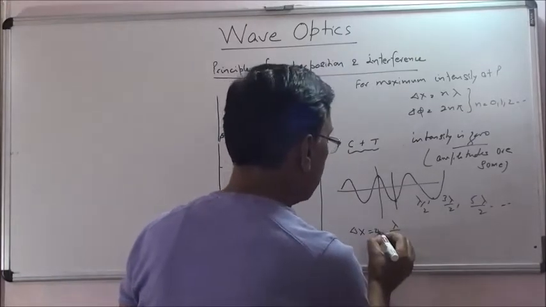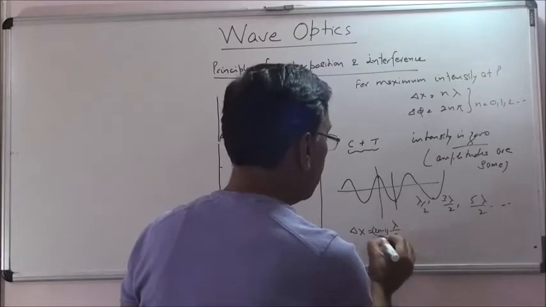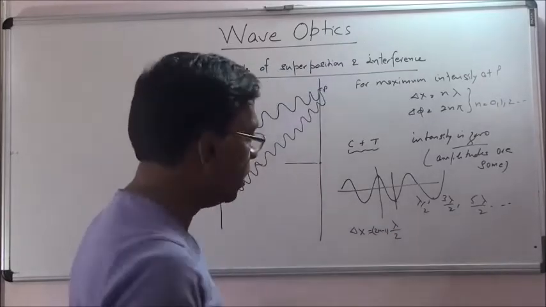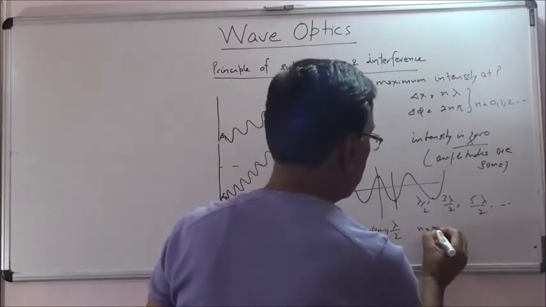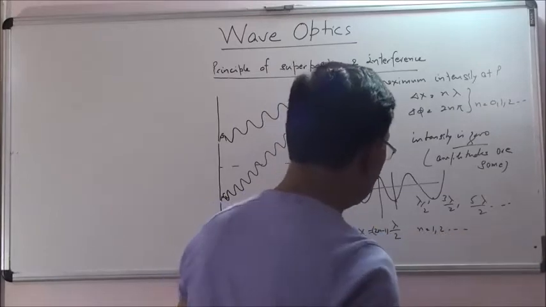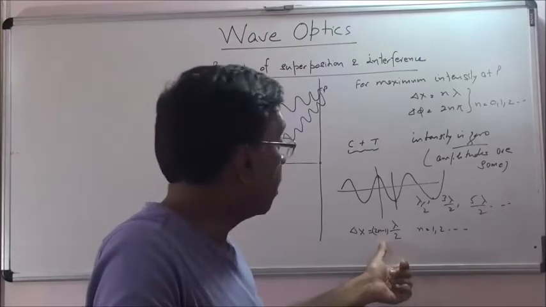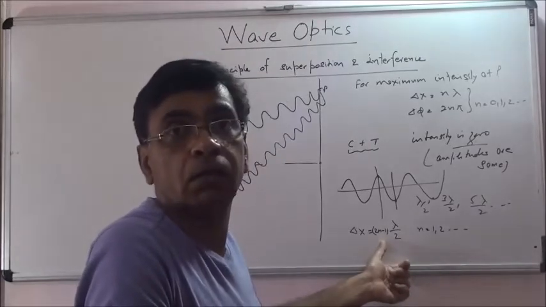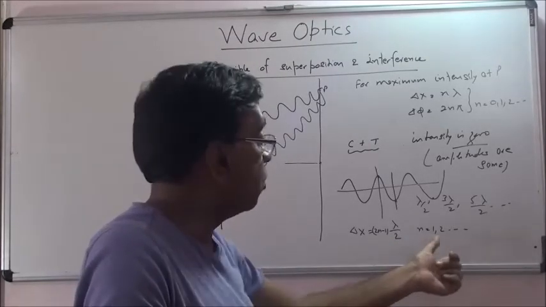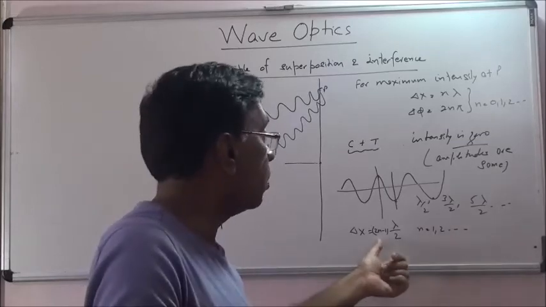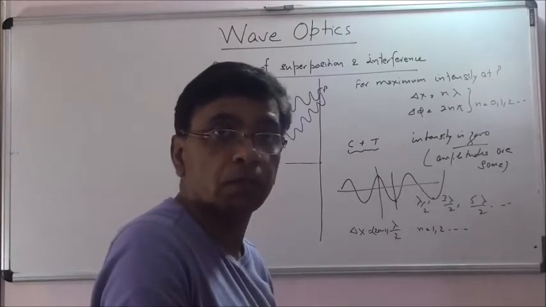How should I write an odd number? 2n minus 1 or 2n plus 1, where n is 1, 2, 3, 4. Now keep in mind, if we are writing 2n plus 1, then we should start n from 0. If we are writing 2n minus 1, n should start from 1.